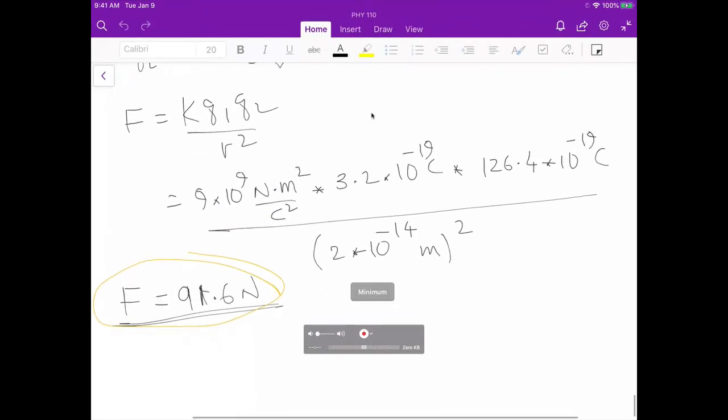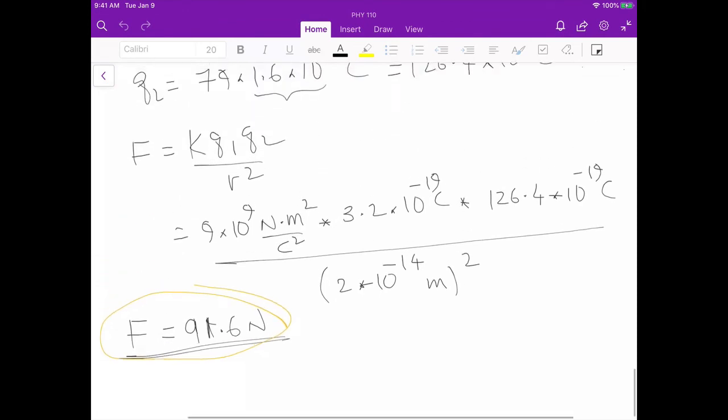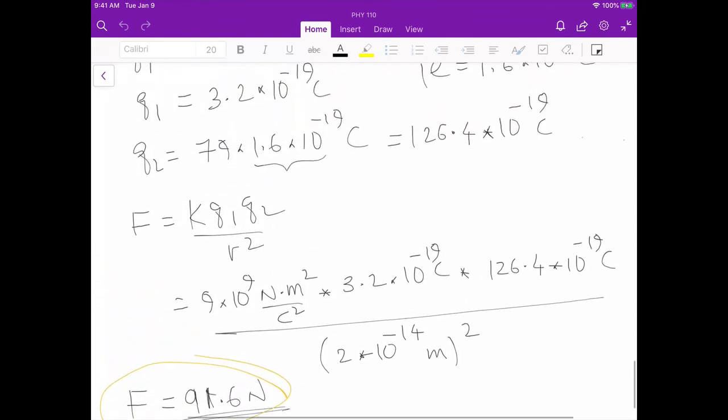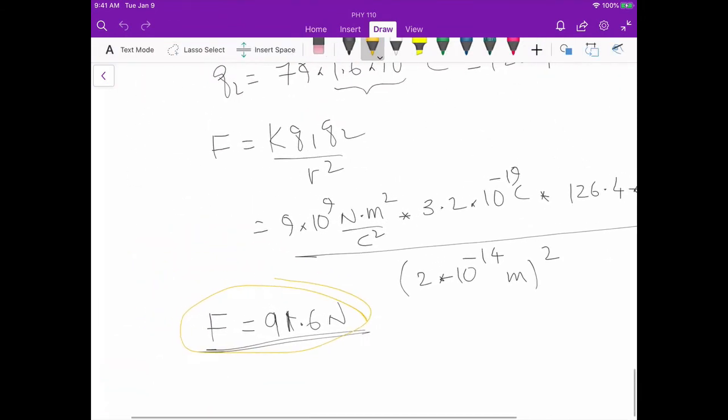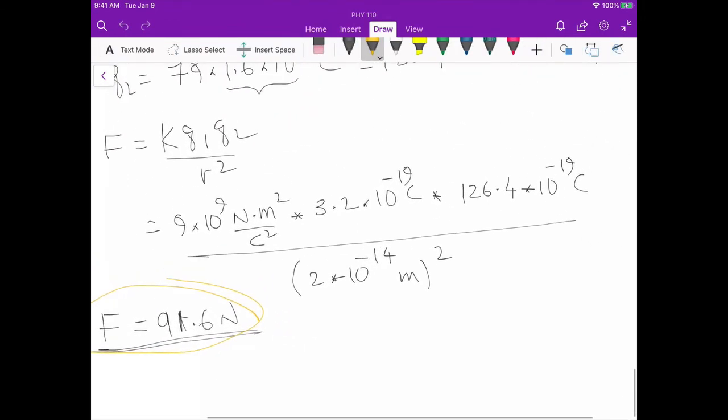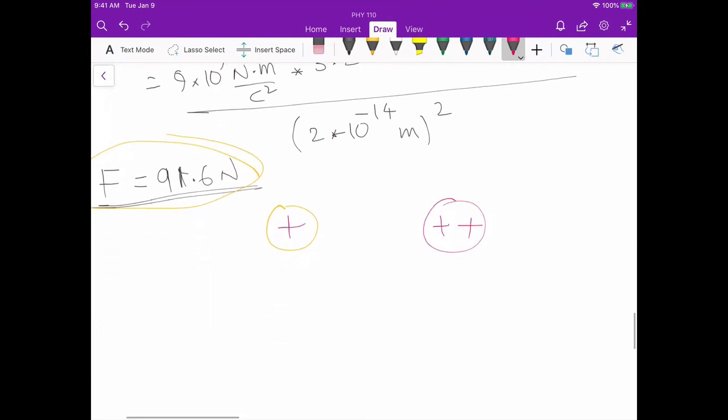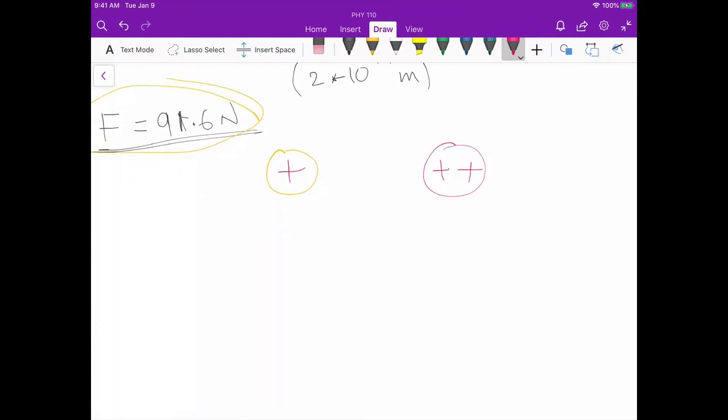If someone asks you to draw electric field lines, say you have an electric charge here, positive, and here you have an electric charge of 2 positives. They are going to repel in this case.